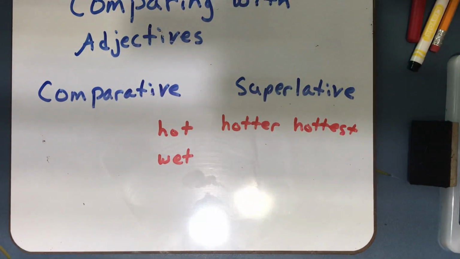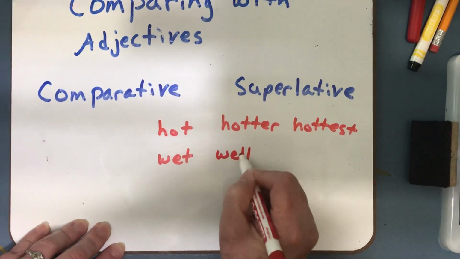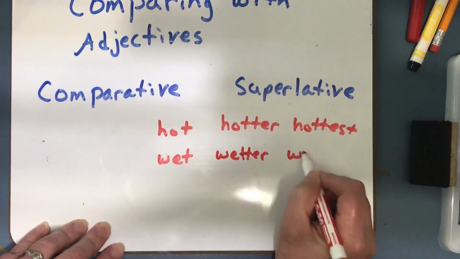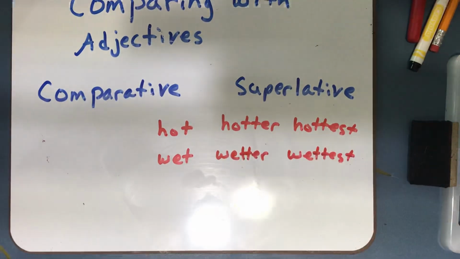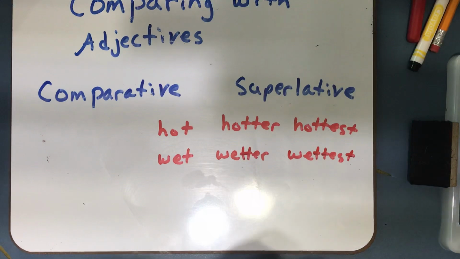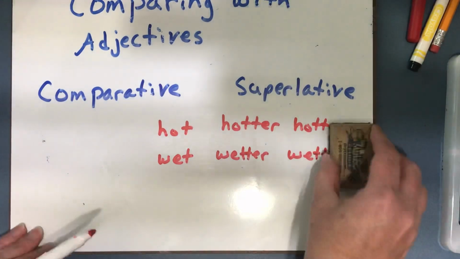Okay, so we might say that June is hotter than April, and August is usually the hottest month of all. Okay, we have wet and then wetter and wettest. Okay. My daughter got wetter than I did in the rain, but my son was the wettest of all because he was soaking wet. Okay, so that's how we compare with adjectives.